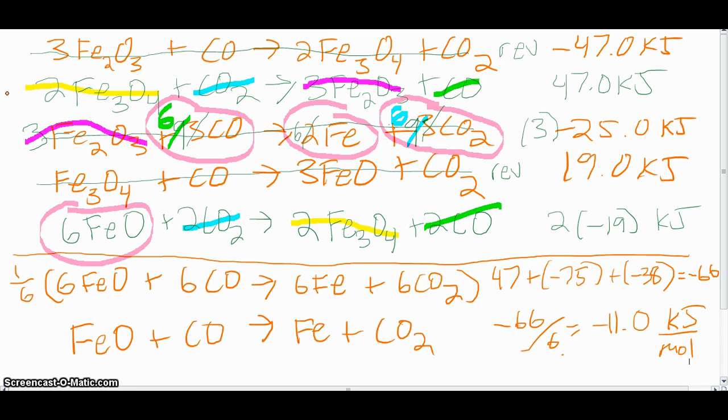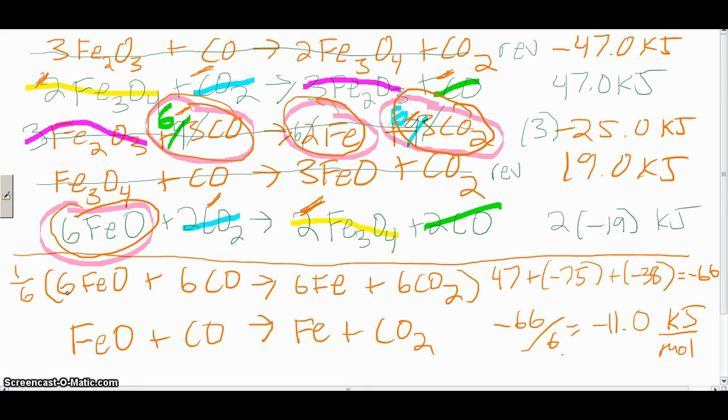And then when we canceled this with this, these 3 with this. We canceled the 3 COs with the 9 COs to get 6 CO. And then we had 6 FeO left over, 6 CO left over, 6 Fe left over, and 6 CO2 left over.